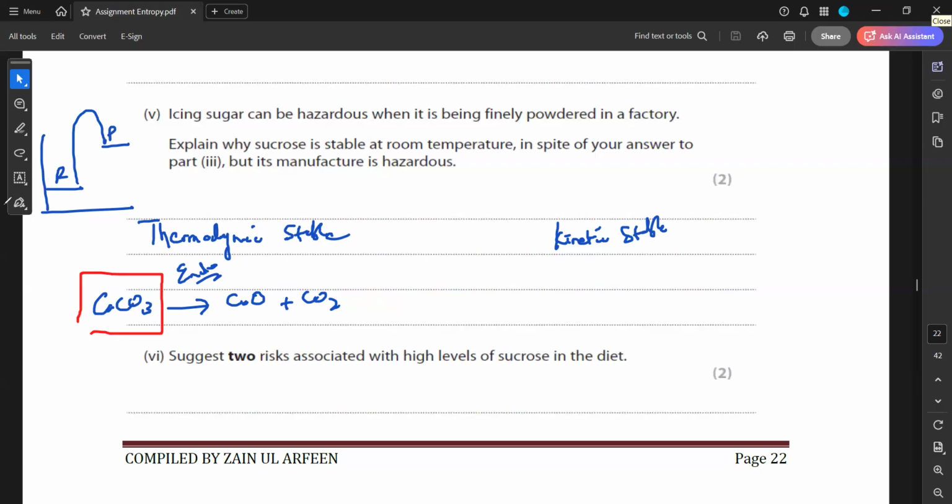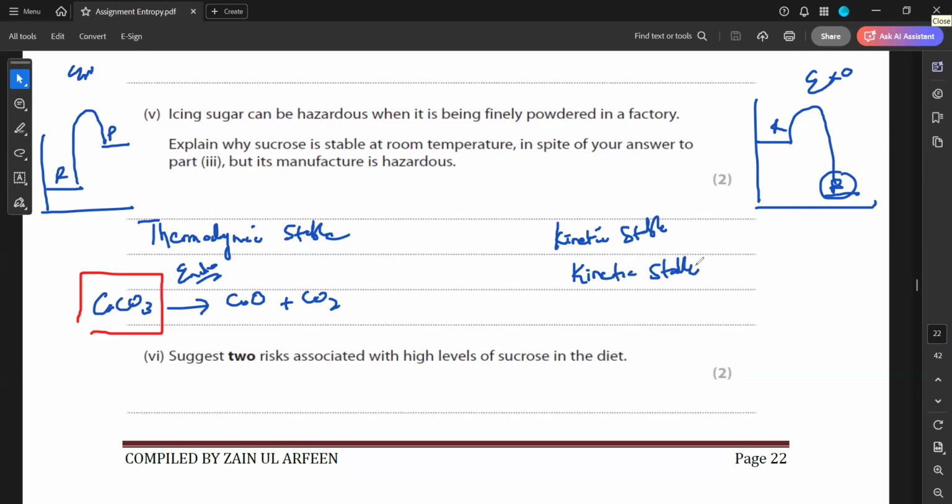Same thing, we use another term. Let's say we have a reactant forming a product. Which is thermodynamically stable here? The product is thermodynamically stable in terms of an exothermic reaction. But the reaction is not happening. The reaction should occur, but it does not. The product is thermodynamically stable, but still the reaction does not occur. So we call those reactants kinetically stable.